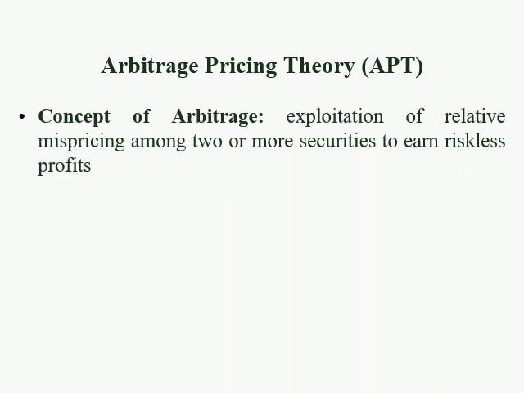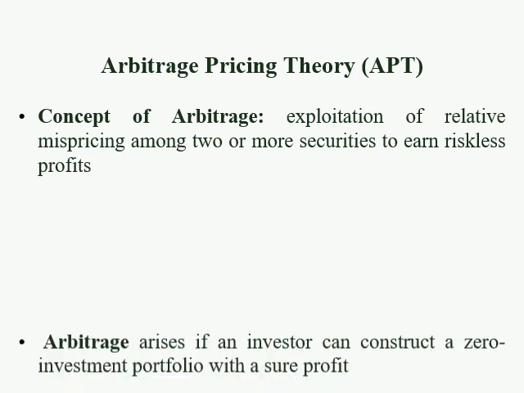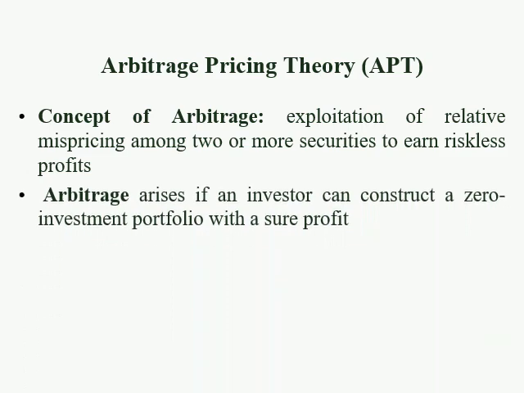The concept of arbitrage is the exploitation of relative mispricing among two or more securities to earn riskless profits. The idea of arbitrage here is that investors want to exploit the mispricing in some securities, meaning some securities have a higher return than others at the same time at lower risk than other securities. So they do arbitrage.